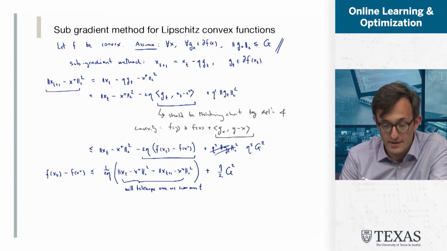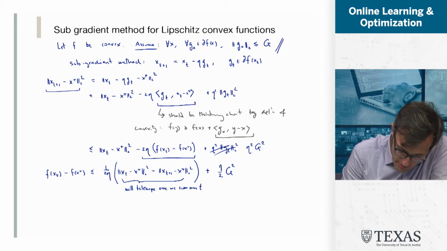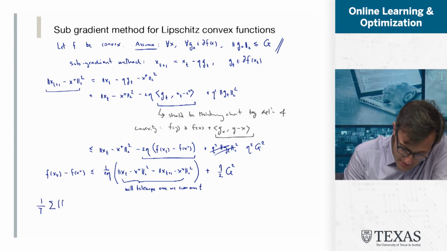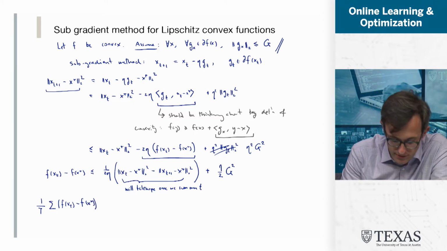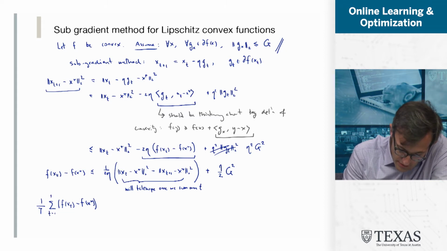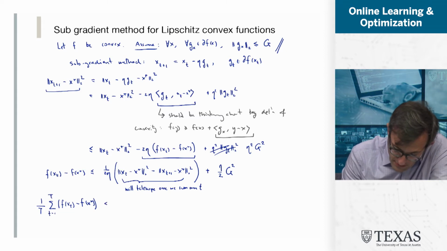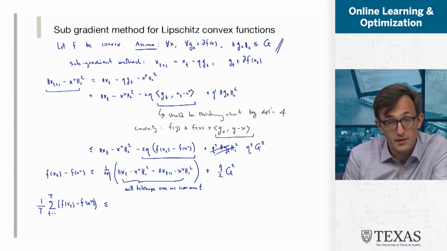And I'm going to divide by T. So 1 over T times the sum of f of xt minus f of x star. What did I do? Divided by T, sum from little t equals 1 to T is less than or equal to. I need to do the same thing here.